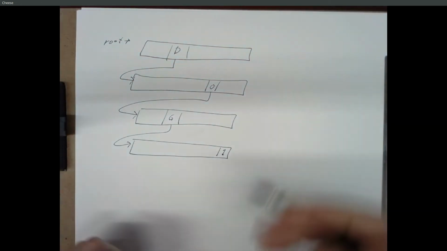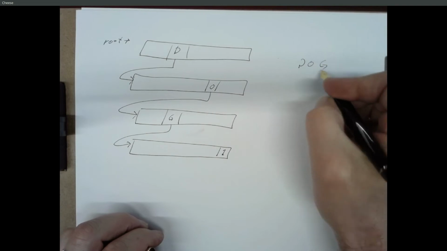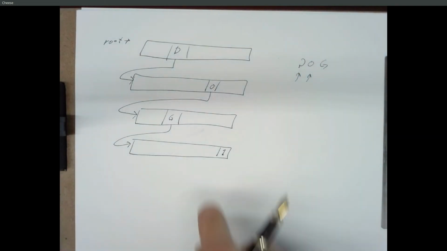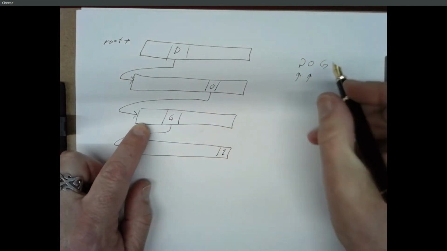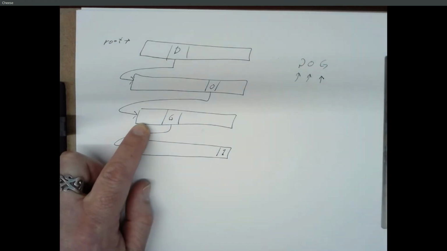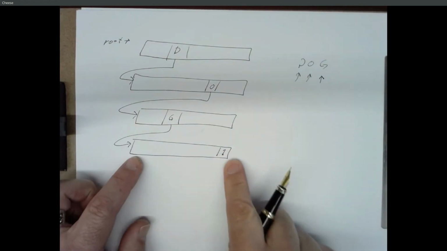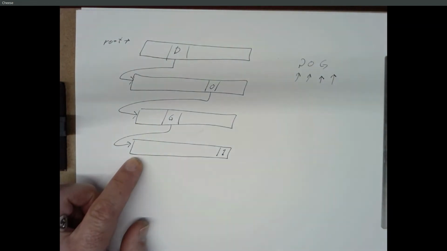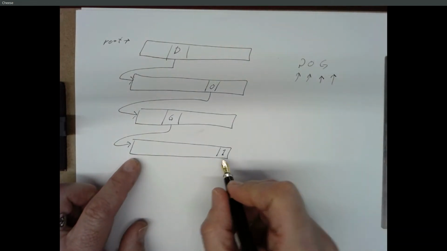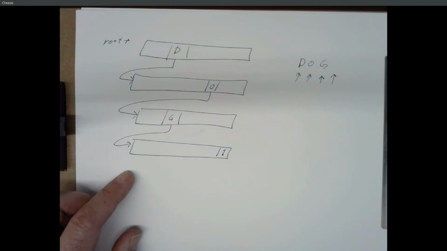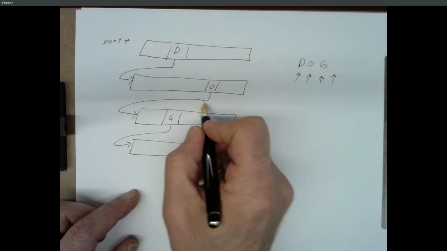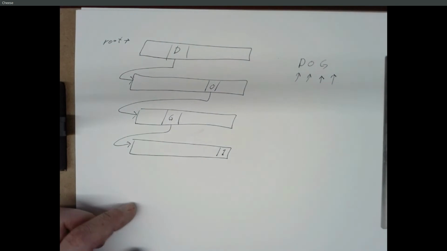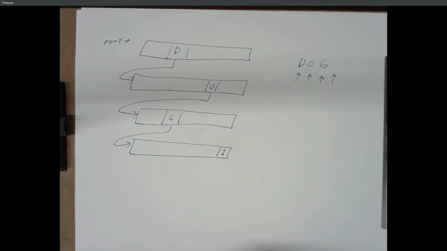Now check the pointer associated with O. Follow that to another node. Check the pointer associated with G. Follow that to another node. Check the end of string bit, that integer. If it's a 1, then dog is in your try. If it's a 0, or if any of these pointers actually pointed to null, the word's not in your try. Okay, that's the whole search algorithm.